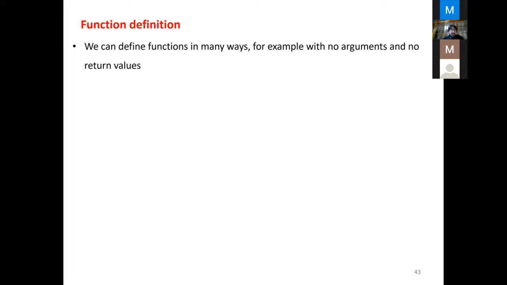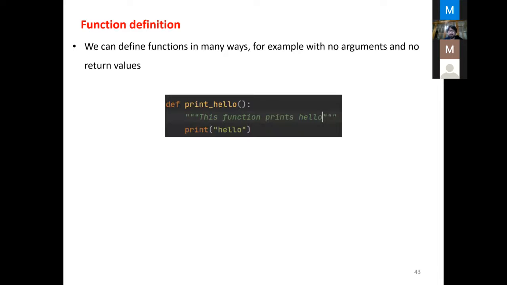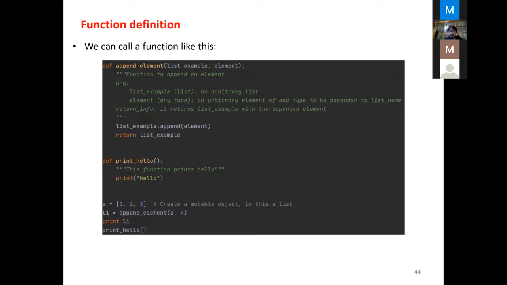So we can define functions in many ways. For example, we can do it without arguments and no return values. Here, this is just a function that prints the word hello. And let's see how we can call this function.